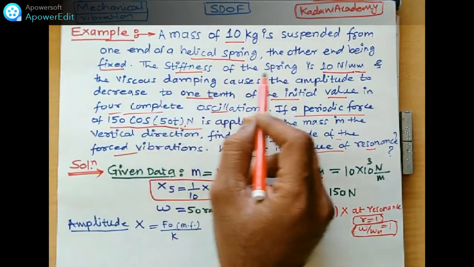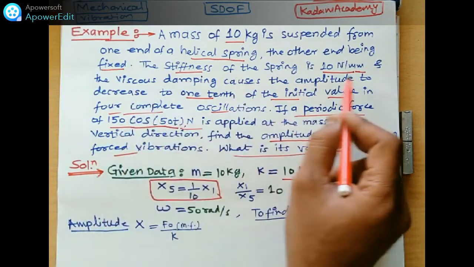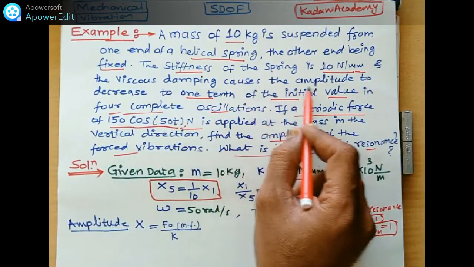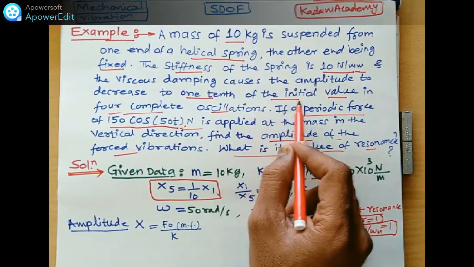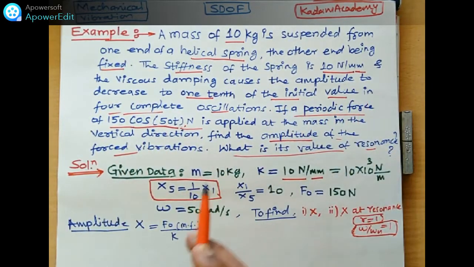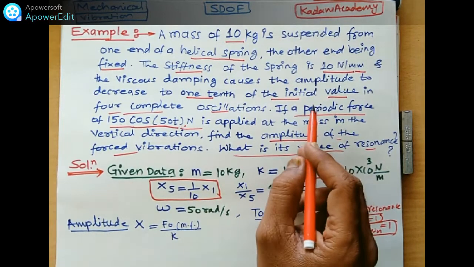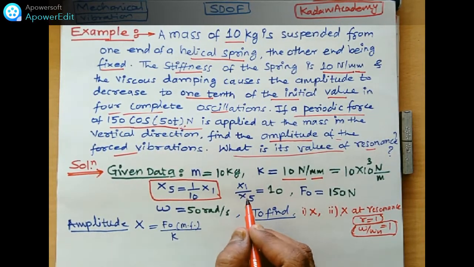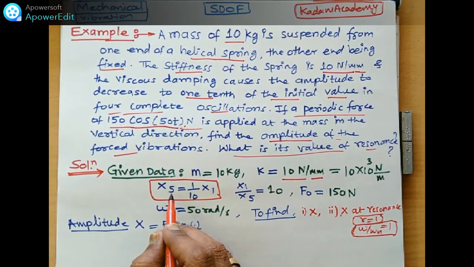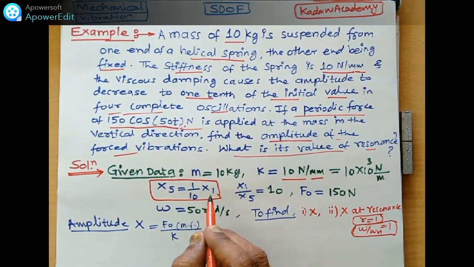What is next given? The viscous damping causes the amplitude to decrease to 1/10 of the initial value in the 4 complete oscillations. That means x1, x2, x3 and so on for the oscillations, the ratio of the amplitude x1 upon the amplitude at the end, x5, is 1/10 of x1.